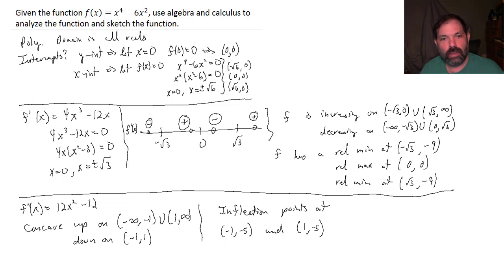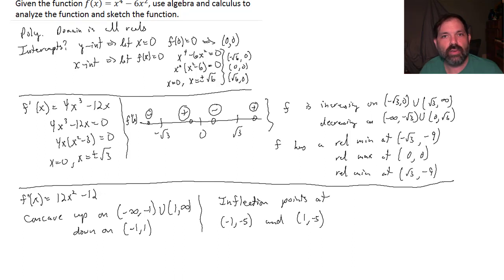So to help with this, what I'm going to do is take my number line and break it up further using all of the important numbers that I found from the first derivative and the second derivative. So my important numbers from the first derivative were negative root 3, 0, and root 3.